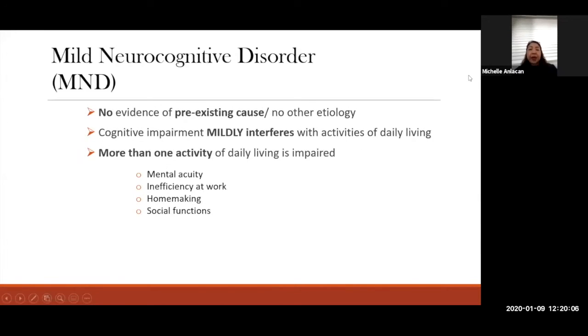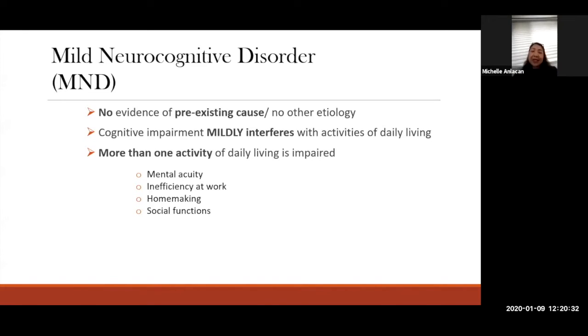The next is the mild neurocognitive disorder. It only mildly interferes with their activities of daily living. They can still hold on to their job as long as it does not depend on the domain wherein they have difficulty. For example, they can still do office jobs, but they can be slow. Or if they used to be very, very good in math, they're a little normal now.